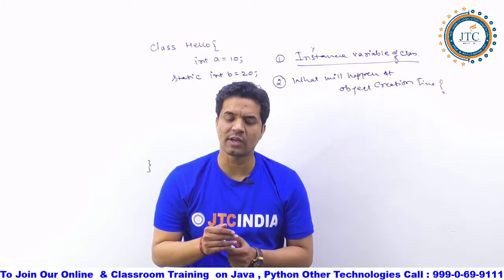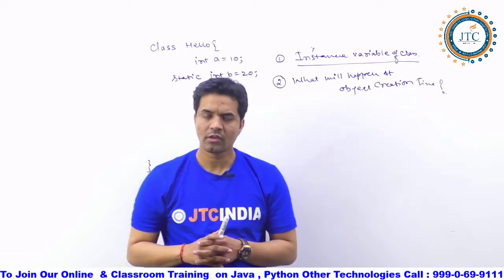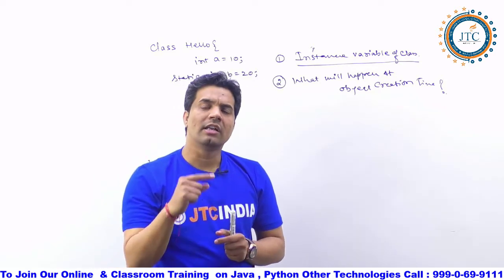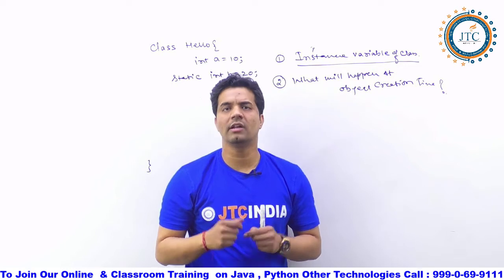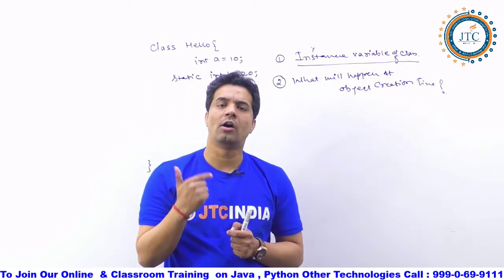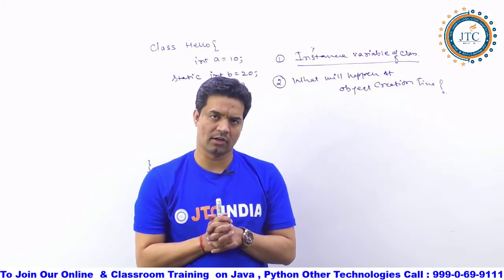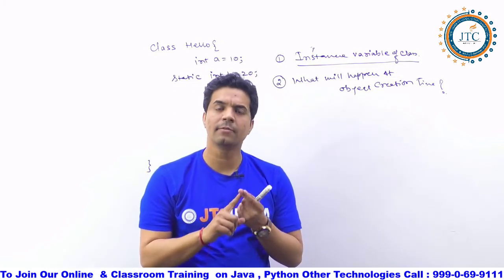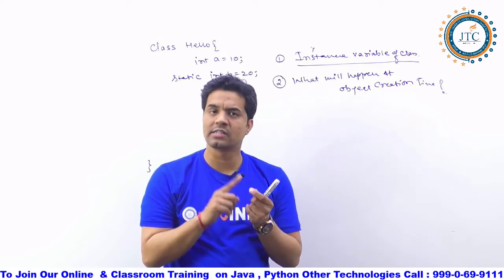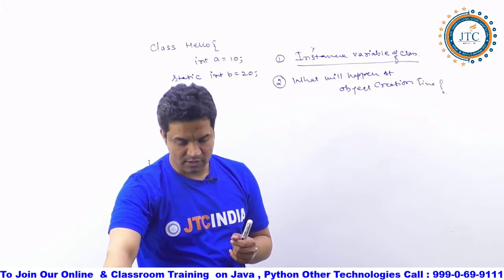Each time you create the object of a class, that many times memory will be allocated. Once again, memory for the instance variables will be allocated when you create the object of a class.